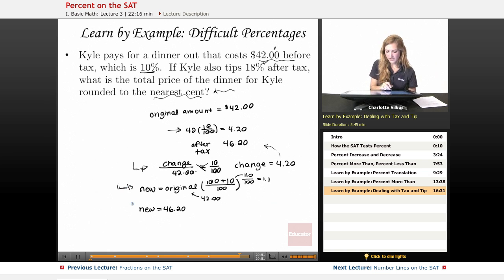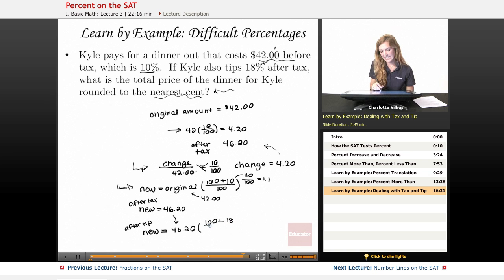If we do this again, so we got our after-tax amount. If we do it again to get our after-tip amount, we can just put the new amount is going to equal the original, where in this case our original is the after-tax amount, so $46.20 times 100 plus 18, because we're going to increase it by 18% with our tip, and this is going to be 118 over 100, or 1.18.